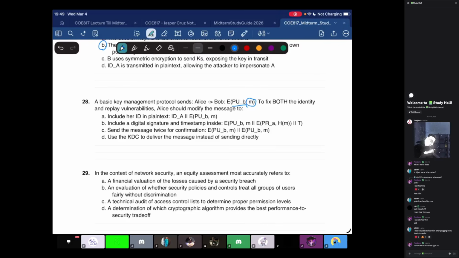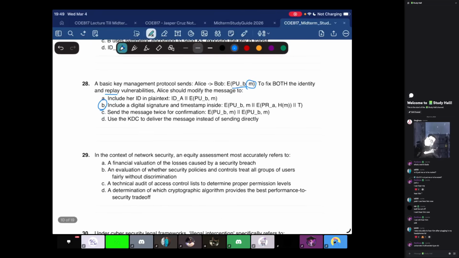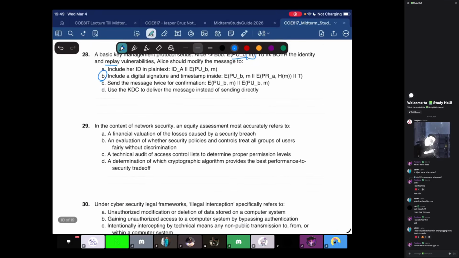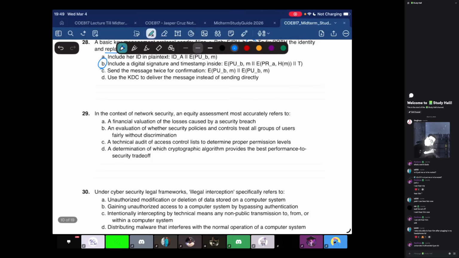In this case, it should also include a digital signature and a timestamp, because replay attacks are possible, since in this statement only a public key is used to encrypt. If we also included a nonce value or a timestamp inside of it, that would assist with preventing a replay attack. That's what I'm trying to say.